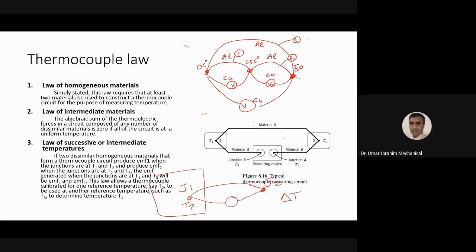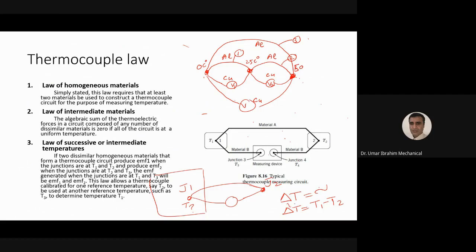The output of a thermocouple is not T. The output of a thermocouple is always delta T, which is T1 minus T2. Okay, let's suppose.